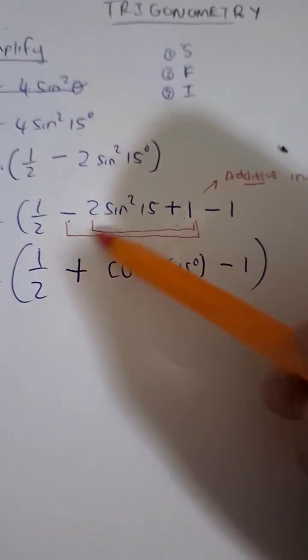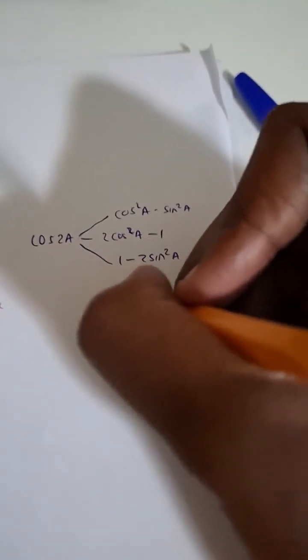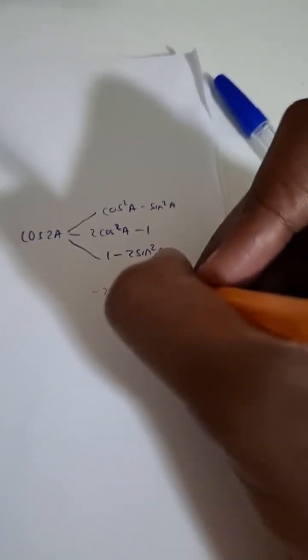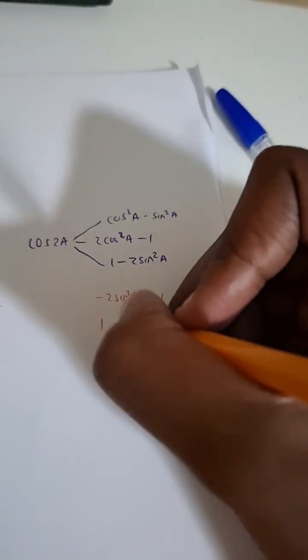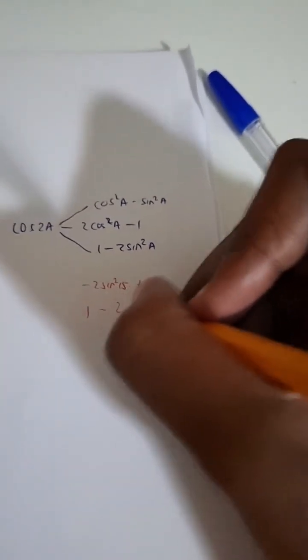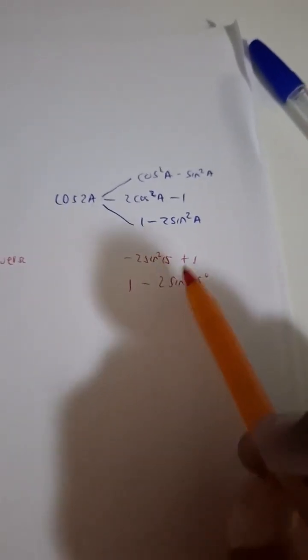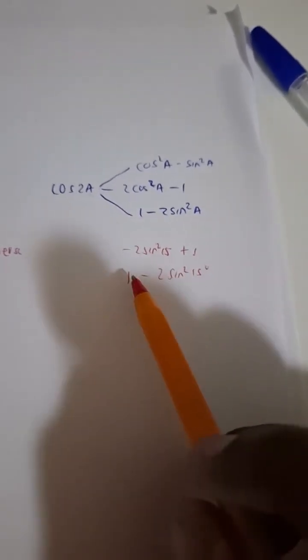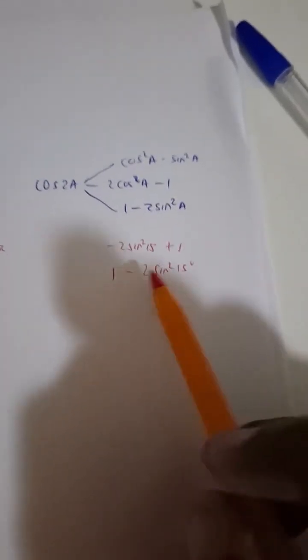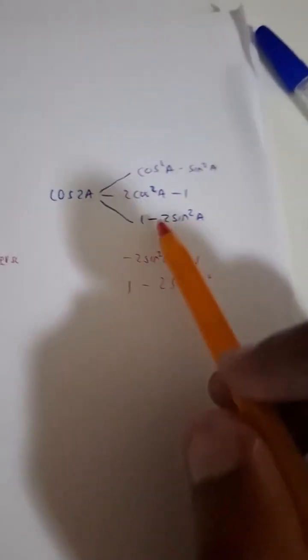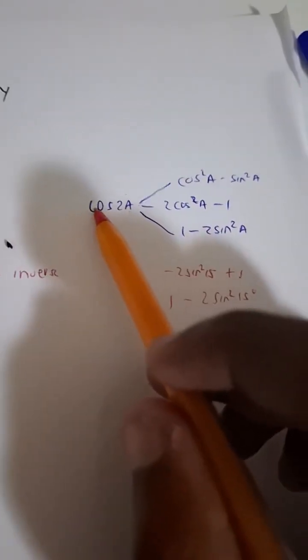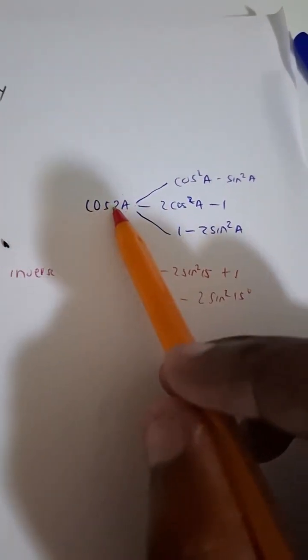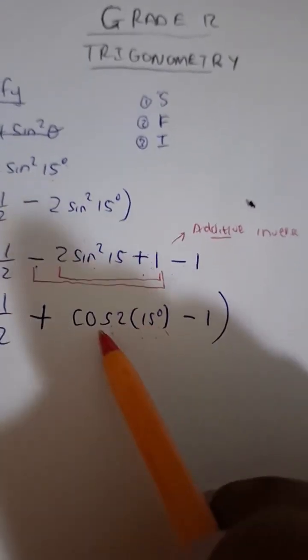Because remember, minus 2 sine squared 15 plus 1 is like saying 1, because the 1 is positive, minus 2 sine squared 15 degrees. It is the same thing, because addition is commutative. So I can rewrite this. 1 was positive, it's still positive. 2 sine squared 15 was negative. This expression can be reduced to become cos 2a. A is in this case the 15 degrees, so 2 times 15.